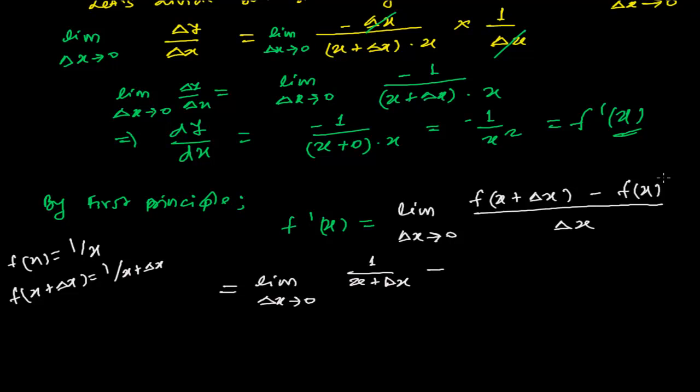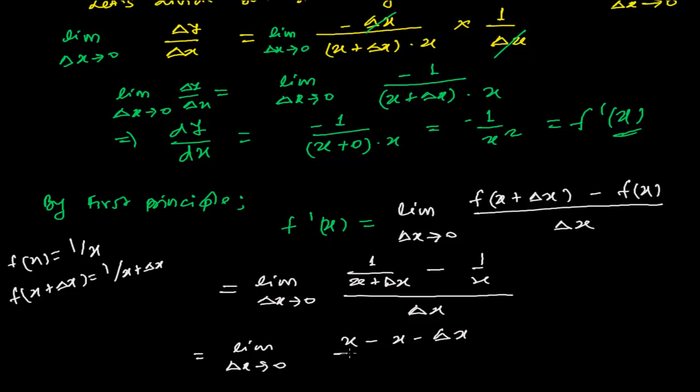And now similarly, f of x gives 1 over x, and then whole divided by delta x, and again limit delta x tends to 0. This x will come this side and this whole quantity will come this side, so it will be x minus x plus delta x, whole divided by x plus delta x times x, and then this whole quantity divided by delta x.